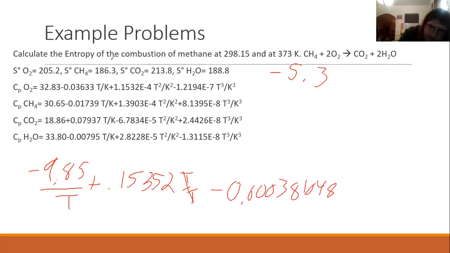0.0381048 T. And the last one, oi, right. 3.115 times 10 to the negative 8 times 2, plus 2.4426 times 10 to the negative 8, minus 8.1395 times 10 to the negative 8, plus 1.2194 times 10 to the negative 7 times 2.